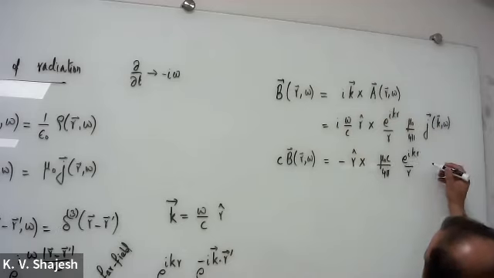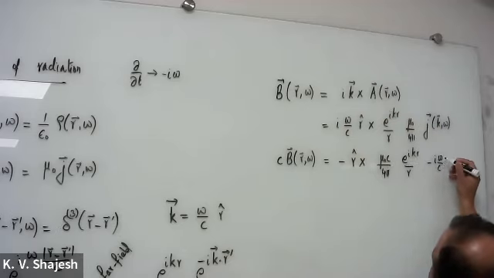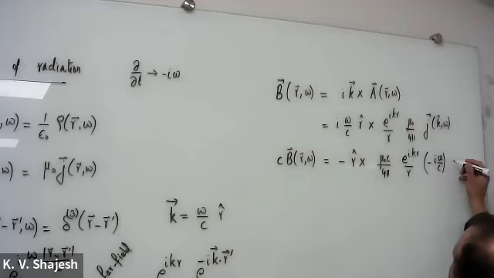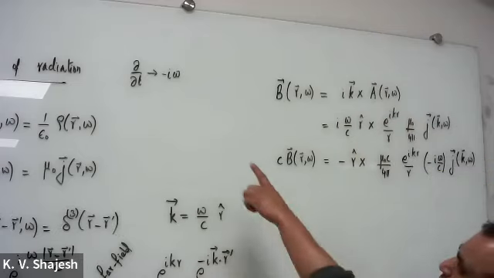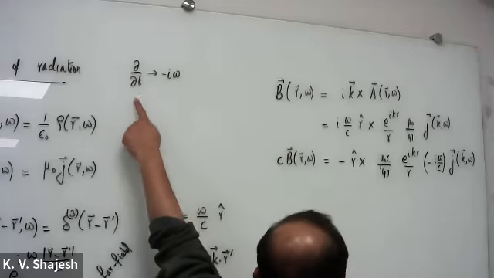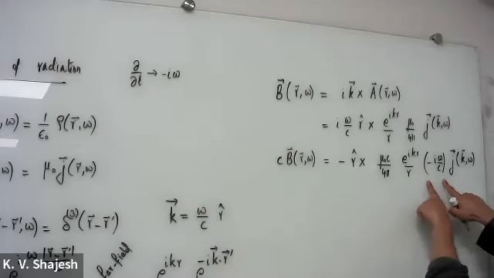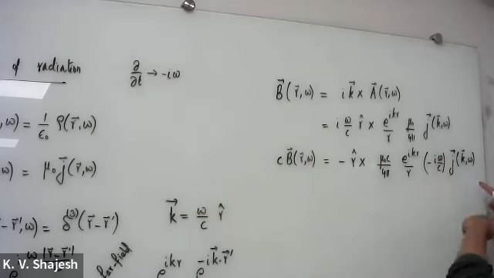So let's write that together. And that's minus i omega over c. This should be in your mind, you want to keep this as derivative times J. Remember, minus i omega is derivative in time. So write that like that so that it is d by dt of J. That's what you keep in mind.